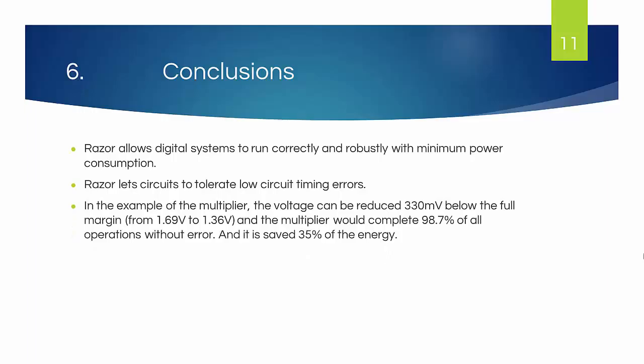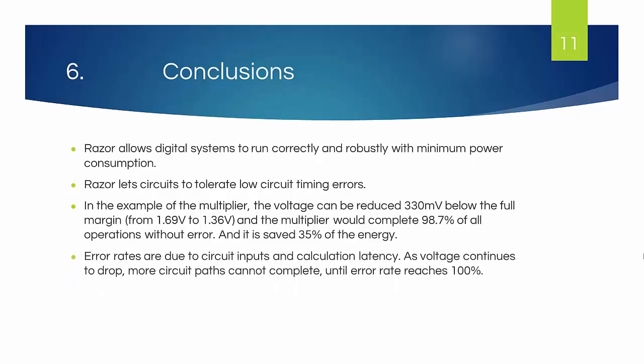In the example of the multiplier, the voltage can be reduced 330 millivolts below the full margin, from 1.69 volts to 1.36 volts, and the multiplier will complete 98.7% of all operations without error, and it saves 35% of the energy. Error rates are due to circuit inputs and calculation latency. As voltage continues to drop, more circuit paths cannot complete until the error rate reaches 100%.